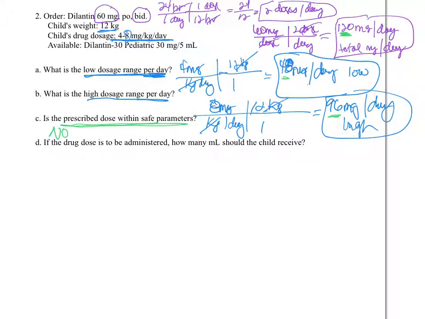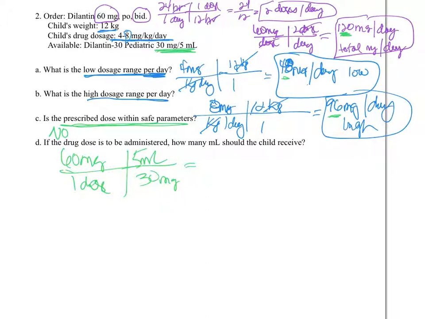But let's say it were a safe dose. How many milliliters would we give to this child? So 60 milligrams per 1 dose, and then we have 5 milliliters, right? That's what we're given right here: 30 milligrams per 5 milliliters.